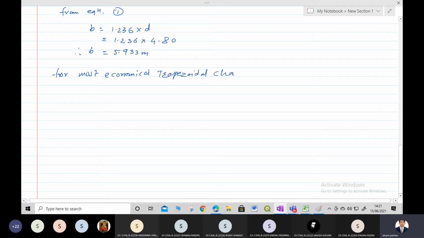What is the condition for hydraulic mean depth?